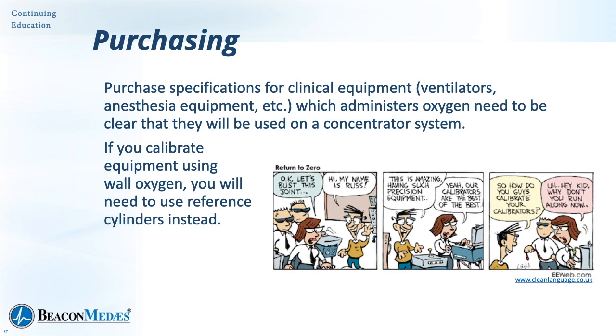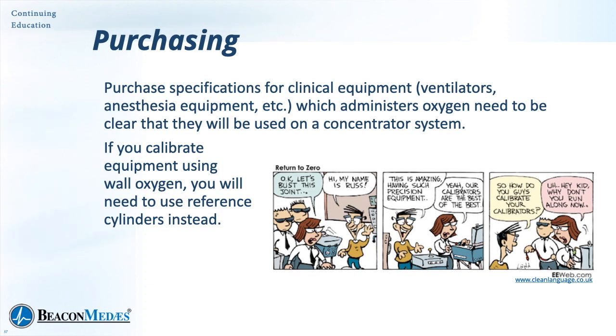If we're using a concentrator, we have to pay attention to the specifications we're using to purchase our clinical equipment. Ventilators and anesthesia equipment are particularly important here because we need to make sure that they are also usable with the concentrator system. The reason this is a concern is there are some devices on the market which use the wall gas for calibration.